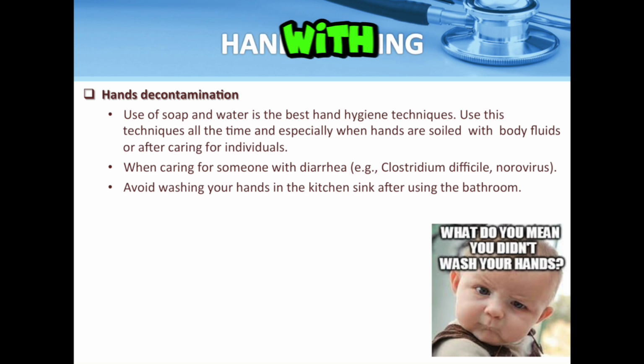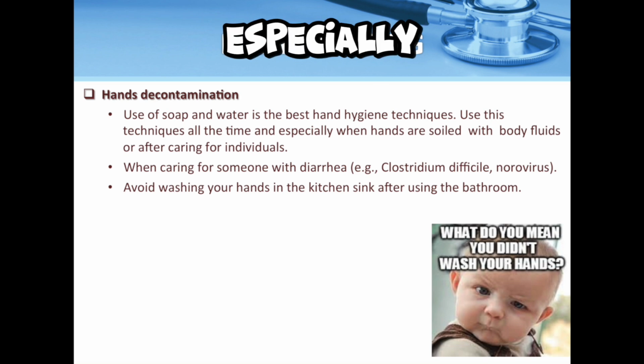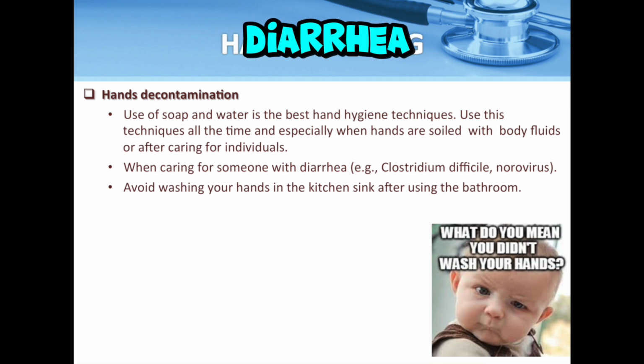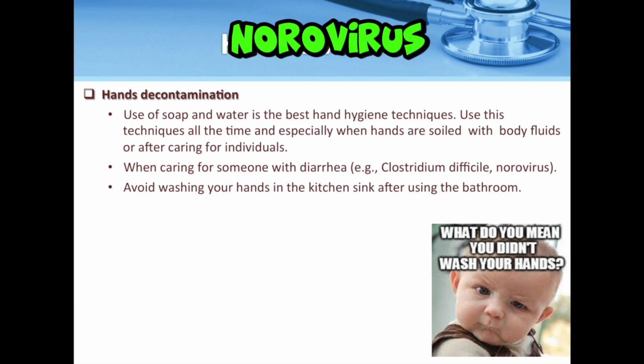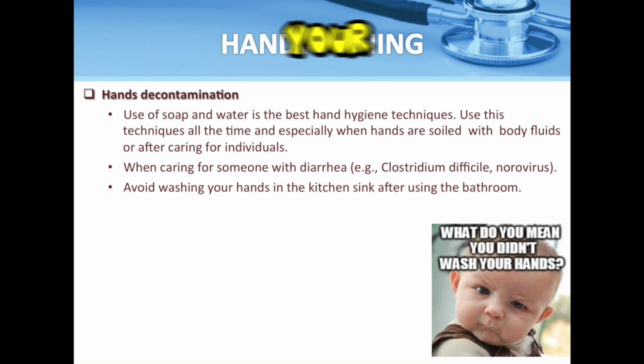Wash your hands with soap and water, especially when the person has diarrhea, because you won't know if they have C. diff or norovirus. So please wash your hands, and avoid washing your hands in the kitchen or other places after you use the bathroom, because that is not hygienic.